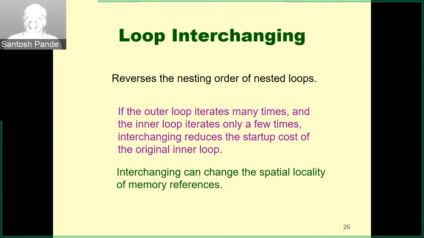And that basically means many times reversing the loop. Instead of the outer loop being column major, we want to make it row major. Bring the inner loop out and the outer loop in, and that is basically the loop interchanging transformation. So this is one instance where it is used.